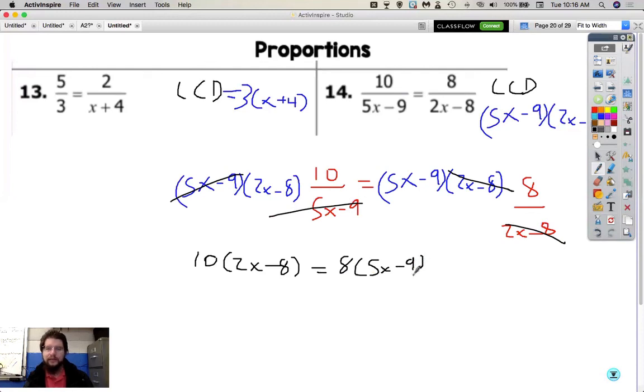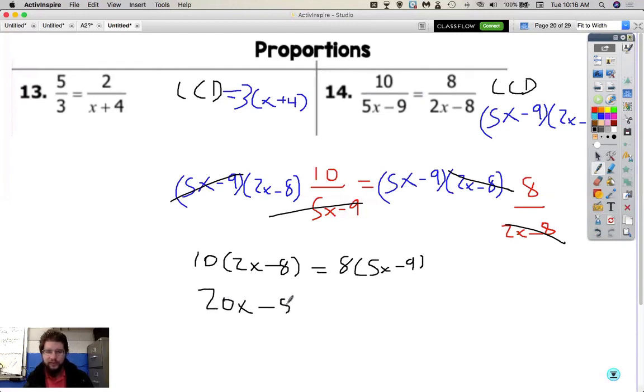And yes, as you can see, all we did was cross multiply. But that's how cross multiplication works, is through multiplying by the LCD. That's the actual way you have to do it. If this wasn't a simple proportion, cross multiplying would not work, so don't get in the habit of doing it.